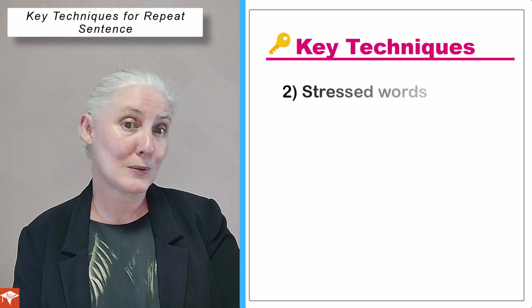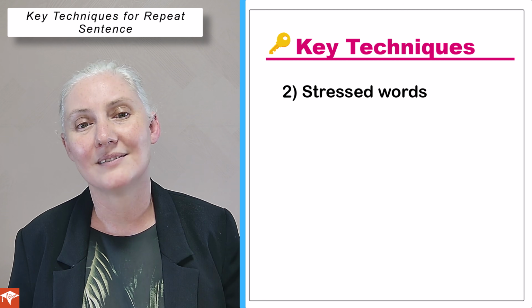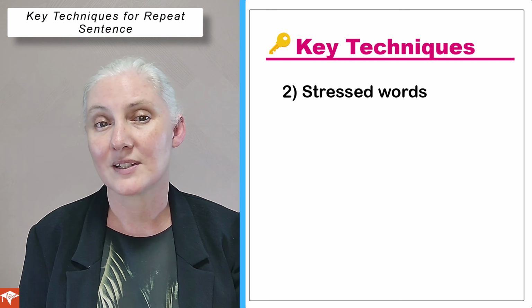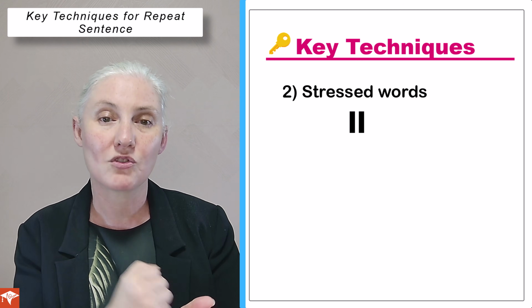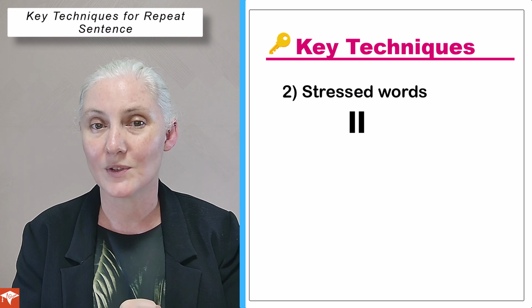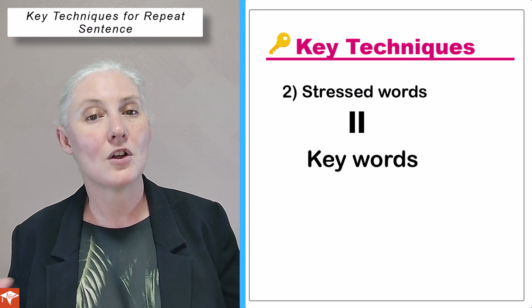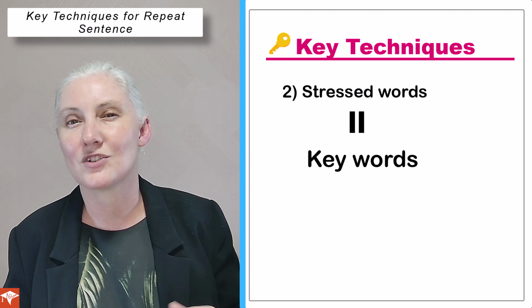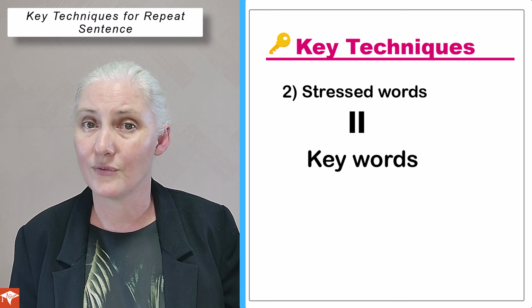And now step 2, focus on stressed words. Why? Well, English is a stressed language. This means when we speak, we put stress on the key words, the words that give the most meaning. Now, in long sentences, it's hard to catch those unimportant small words like the, of, right?